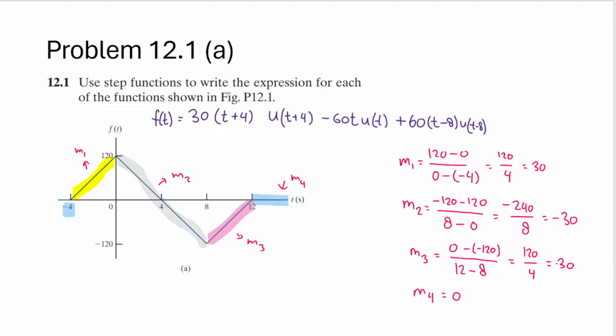Currently the slope is 30, so we need to subtract it, so we will have minus 30, because 30 minus 30 will be 0, and then it starts at 12, so t minus 12, and then u(t minus 12). Okay, and this is the answer for this question.